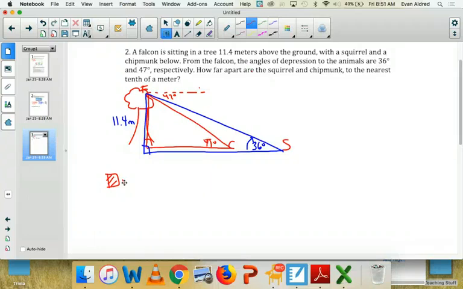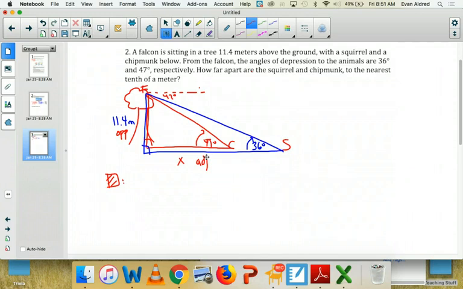And now when we label our sides for our red triangle, the 11.4 meters is opposite to our angle. It's on the other side of the triangle. And we're solving for the base. We want to know how far apart the squirrel and the chipmunk are. So in this case, it's going to be tan again because it's opposite and adjacent.